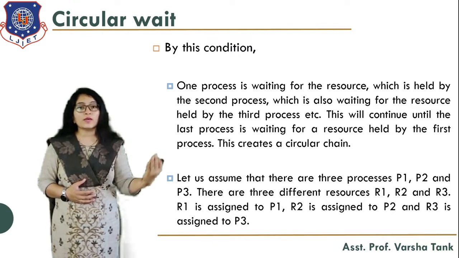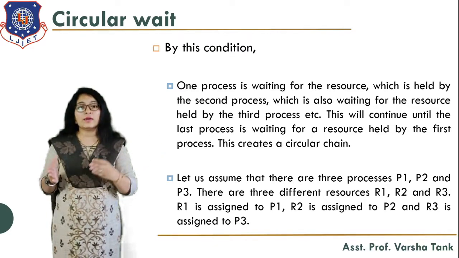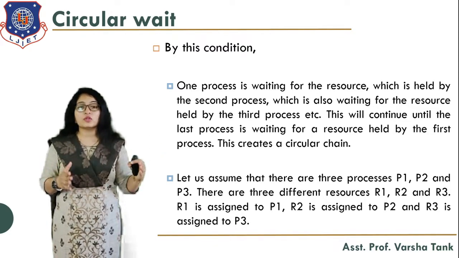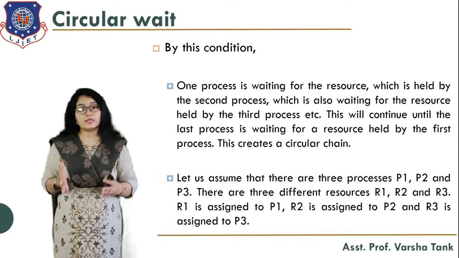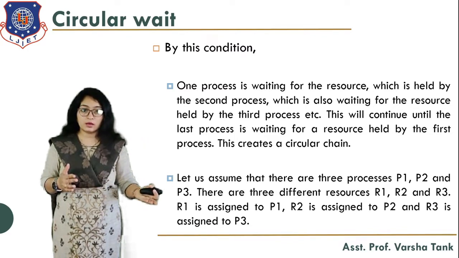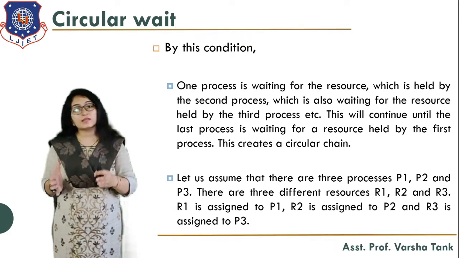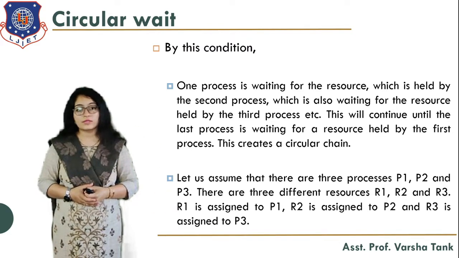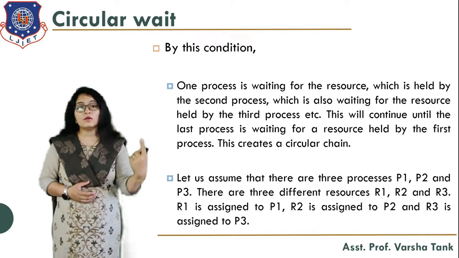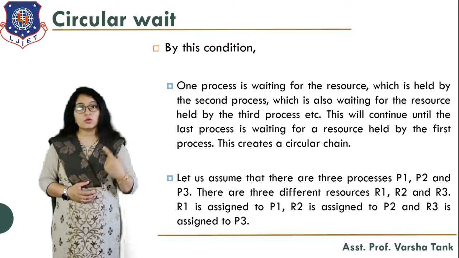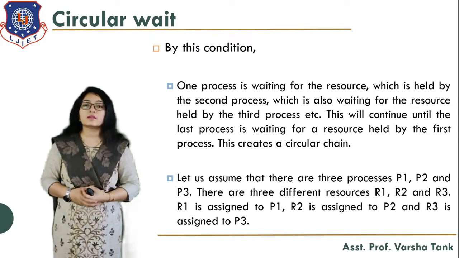So here you can see there is a chain. One is waiting for the resource held by the second, second is waiting for the resource held by the third, and third is waiting for the resource that is again held by process 1. So this forms a circular chain.